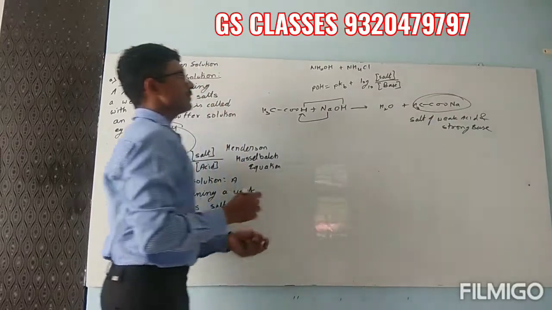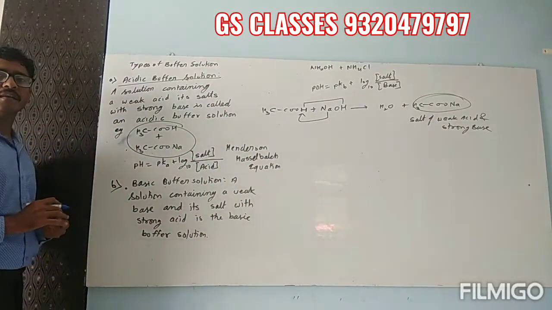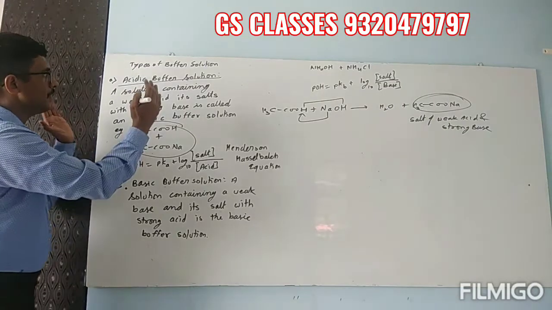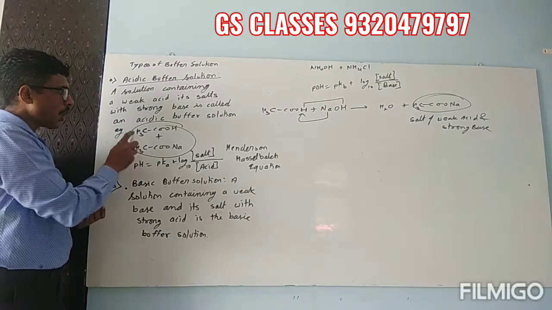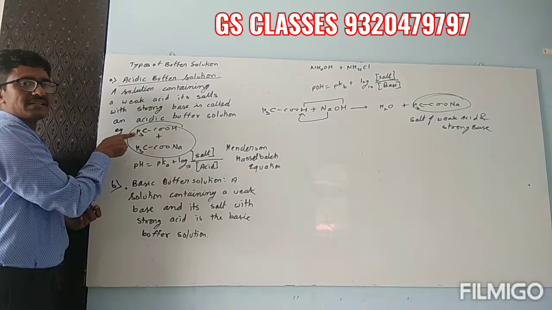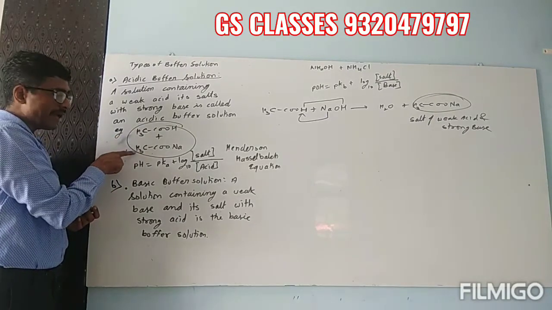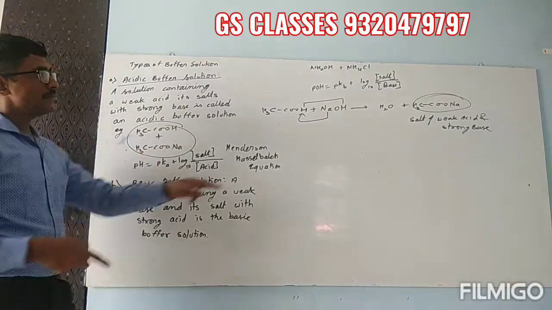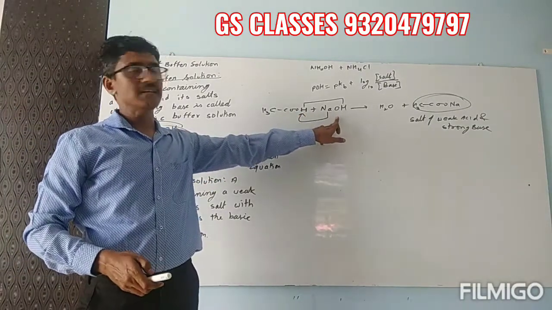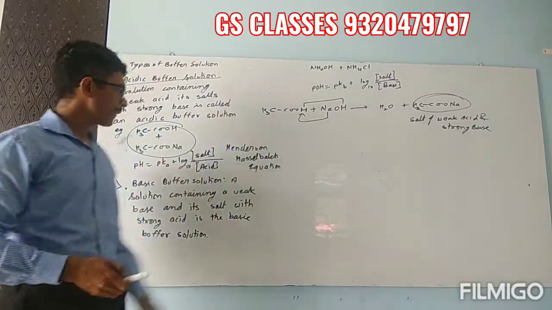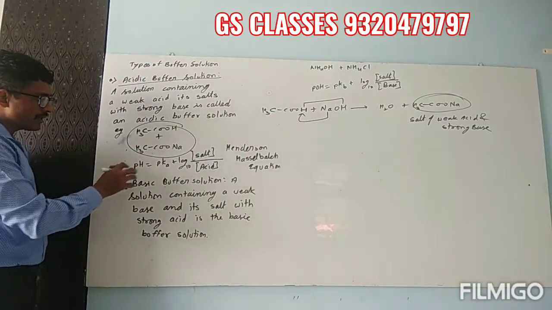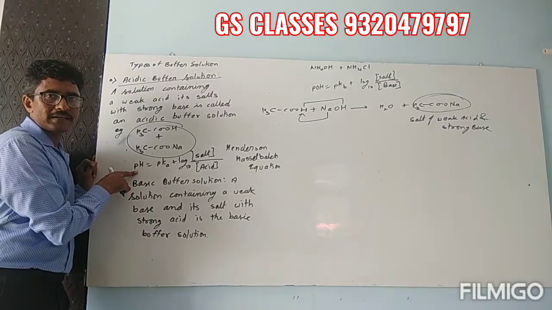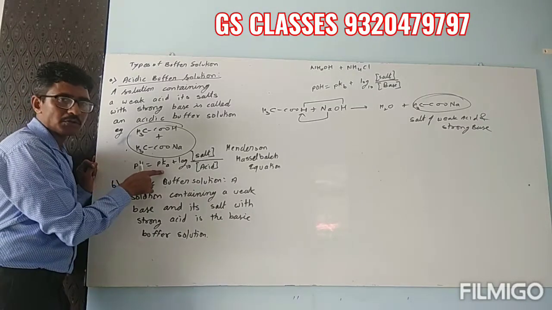So this salt I am using here. Hence, it is known as a buffer solution of a weak acid and its salt with a strong base, because this was the strong base and this is the weak acid. And here we have given an equation. Derivation is not expected from you, it has been directly given to you.